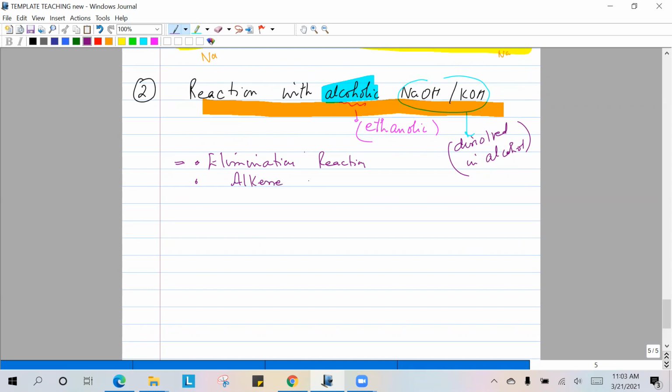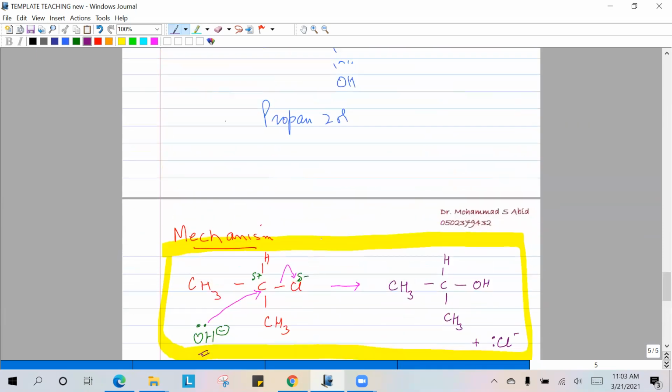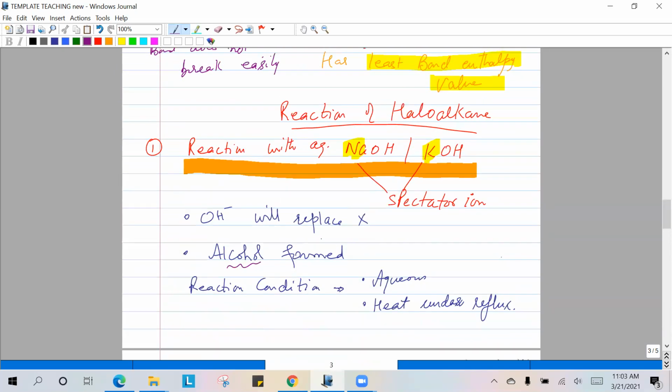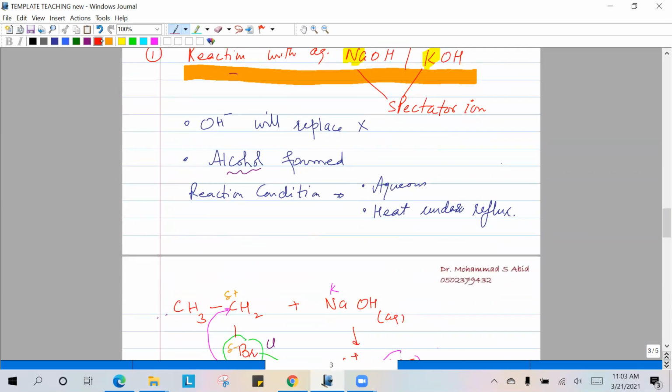So not an alcohol, an alkene is formed. That means a double bond is formed. And a very commonly asked question: OH minus here is behaving as a base. In the previous case, it was behaving as a nucleophile, so you were calling it a nucleophilic reaction. This reaction was an example of a nucleophilic reaction.